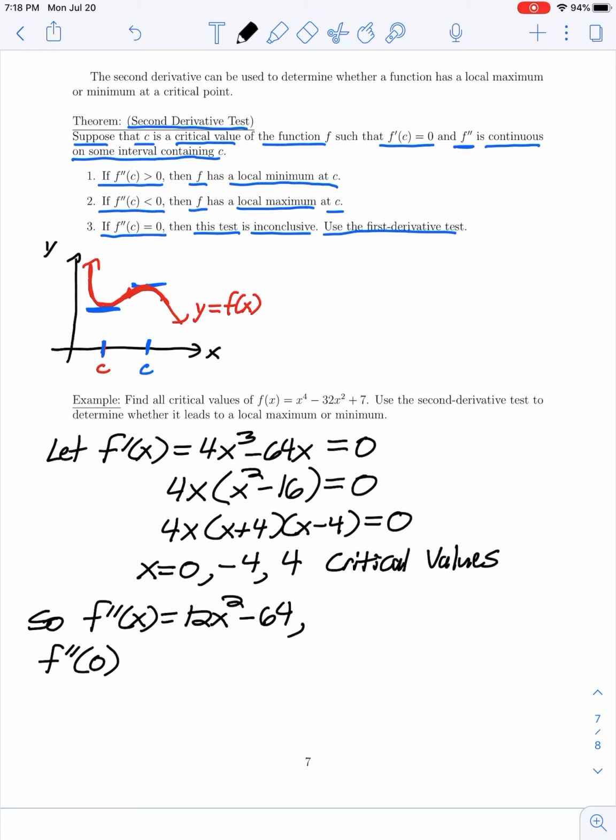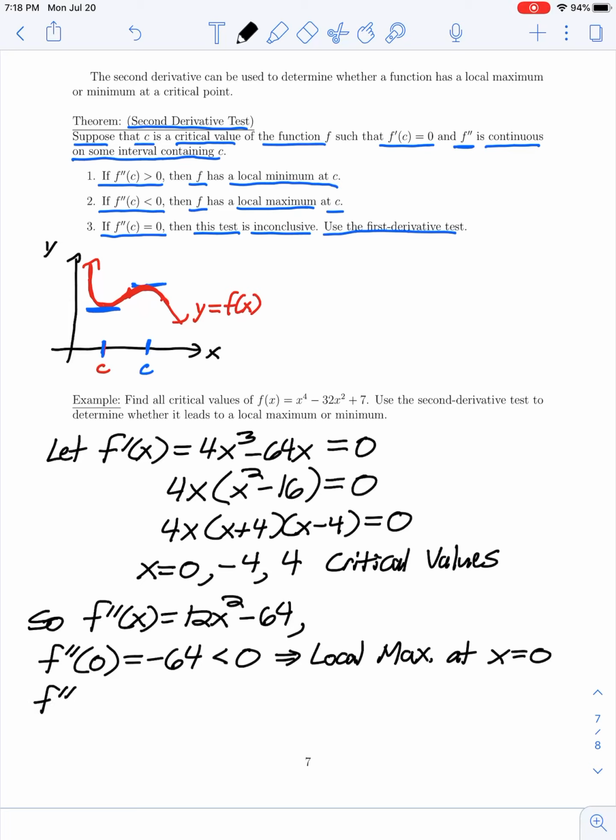So let's start with f double prime of 0. So here we would have a value of negative 64, which is negative. So that means our curve is concave downward at that critical value, which implies from the second derivative test that we have a local maximum at the value x equals 0.